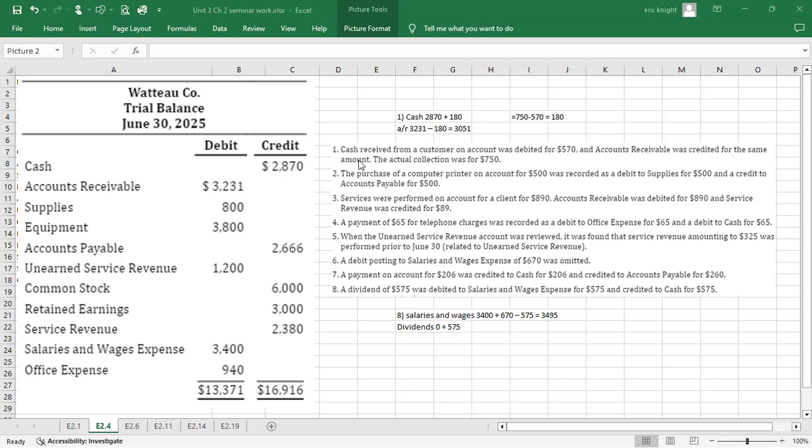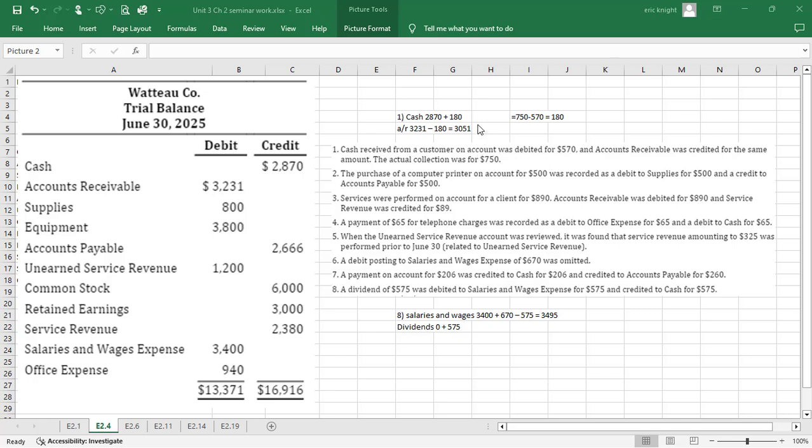But they also tell us the cash from the customers was debited $570. So the cash received from customers was debited $570, and the receivable was credited for the same amount, but they actually collected $750. So they put $570, but the actual amount was $750. So we need to add another $180, because that's the difference between $750 and $570.